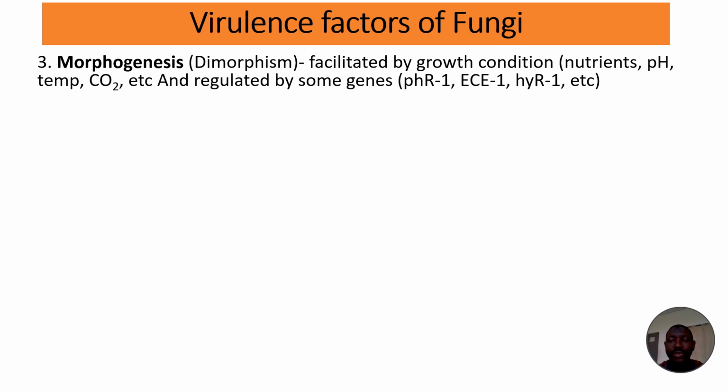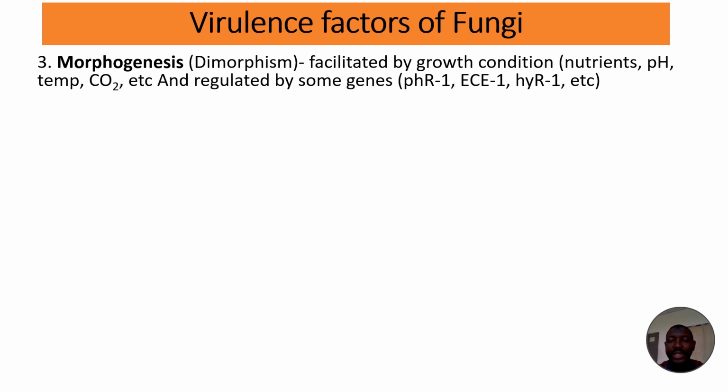However, the mold form is utilized when causing damage to the tissues and evading host defenses. So, on reaching the target organ, the fungi can also change from yeast to mold form, where it can cause damage to the host tissues and prevent phagocytosis.